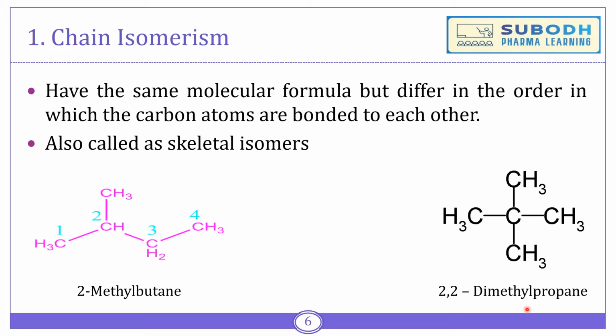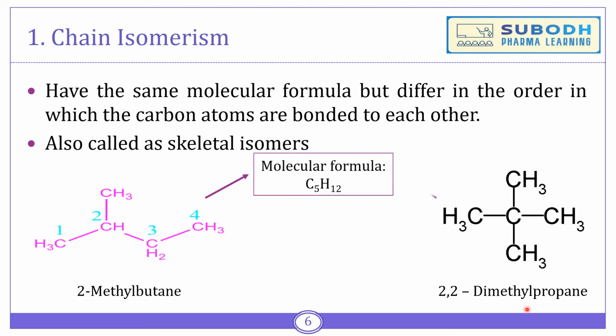And the molecular formula of these compounds is the same, that is C5H12. That means both these structures have the same molecular formula but differ in the order of carbon atoms bonded to each other. So 2-methylbutane and 2,2-dimethylpropane are the chain isomers of each other.